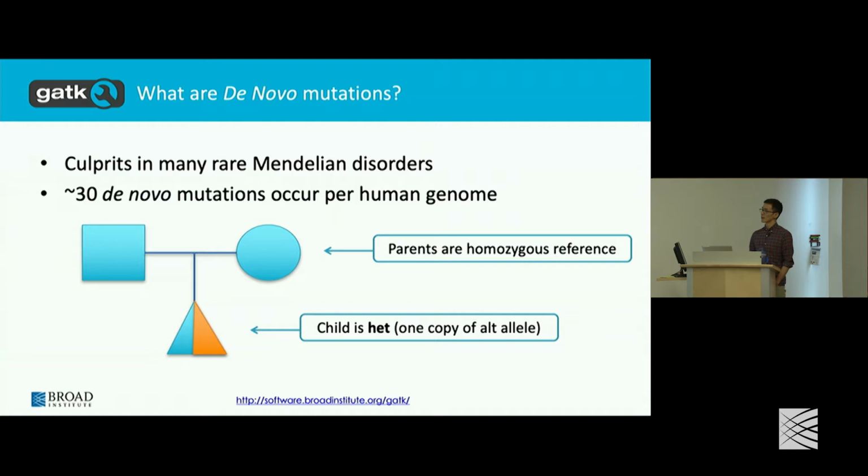So it must have happened somewhere in the biological process of this person being a human, and that's rare. We only expect about 30 de novo mutations.